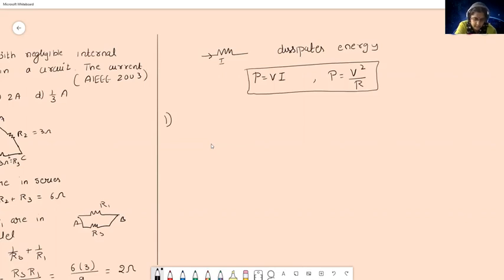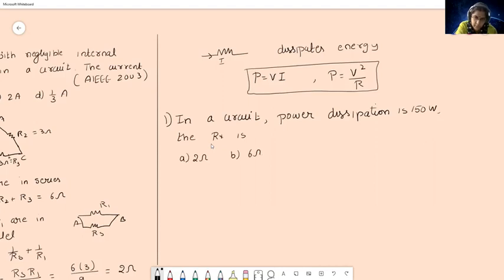So it says in a circuit, power dissipation is 150 watt. Then R is, option A is 2 ohm, B is 6 ohm, C is 5 ohm, and D is 4 ohm.